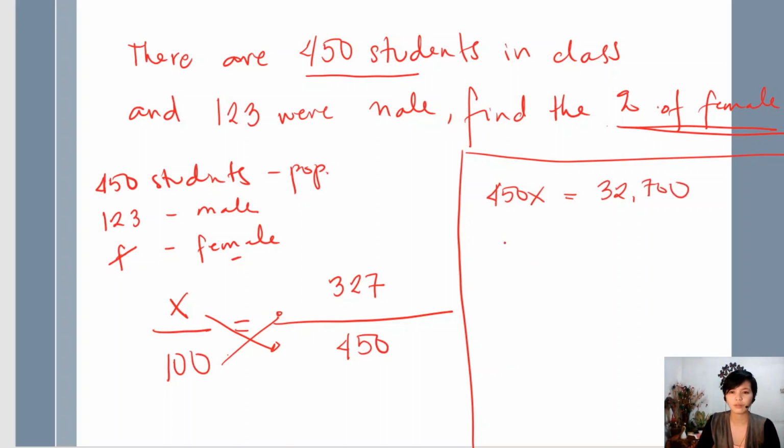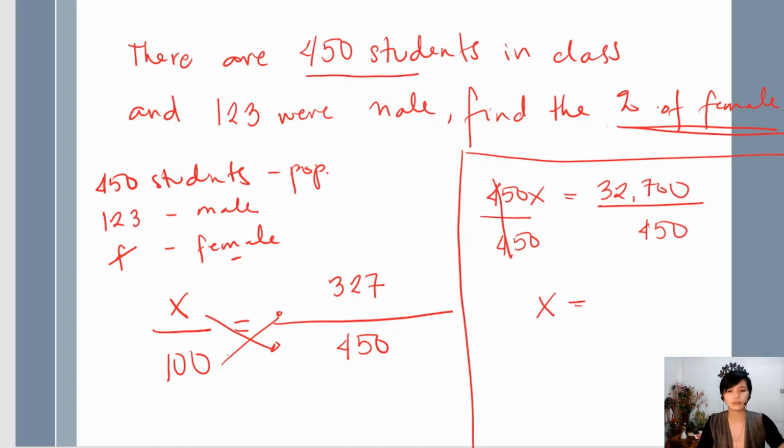Then we're going to divide both sides by 450 in order for the x to remain on this side. 450 by 450, so we cancel 450 there.